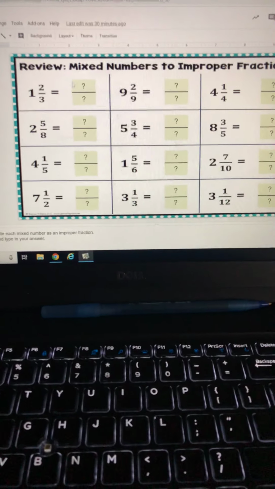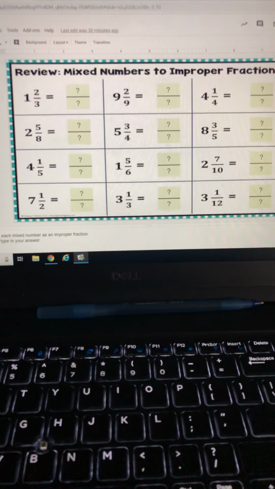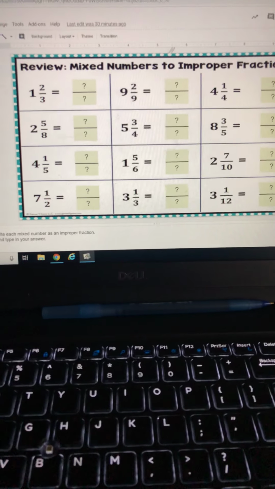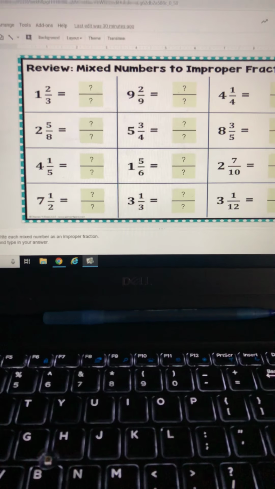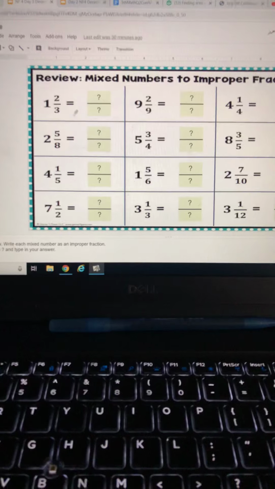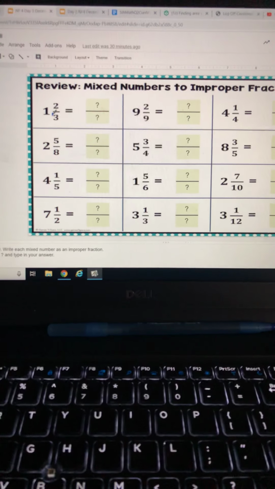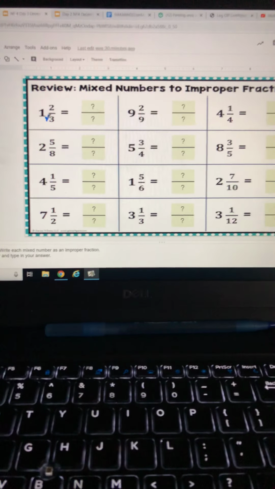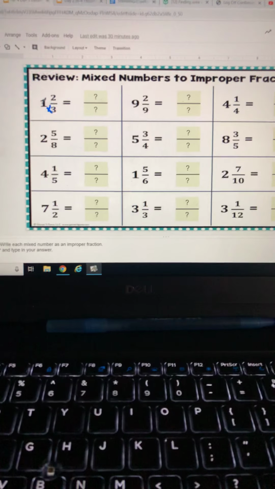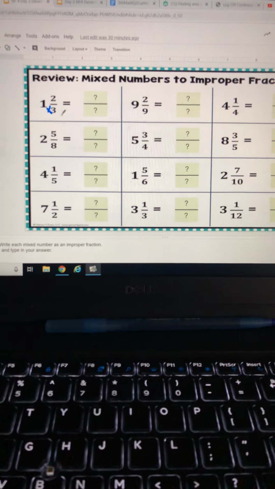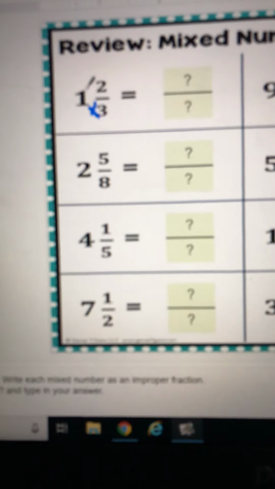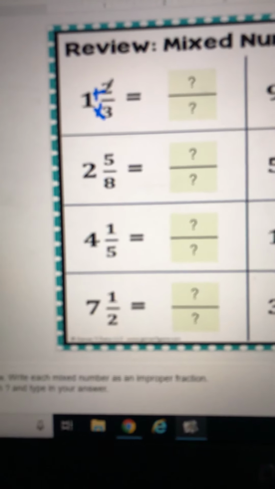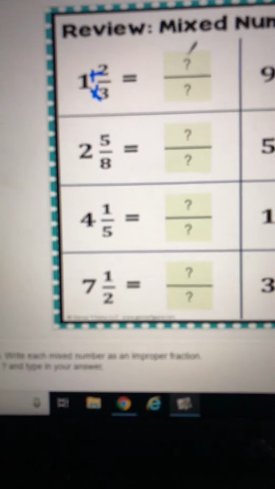All right, so we're going to begin, and you will notice today's lesson begins with just a review of turning mixed numbers into improper fractions because you're going to be multiplying mixed numbers today. So the first thing I do is I multiply my denominator by my whole number, which is going to give me a product of 3 in this situation. Then I'm going to add 2 to give me 5.